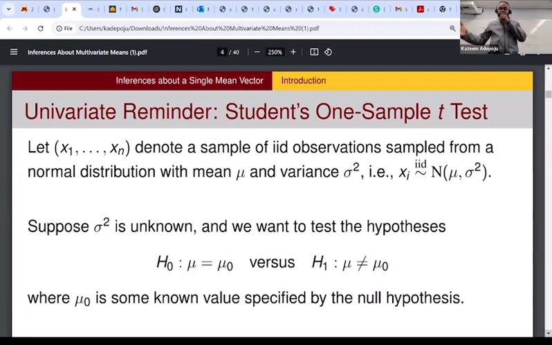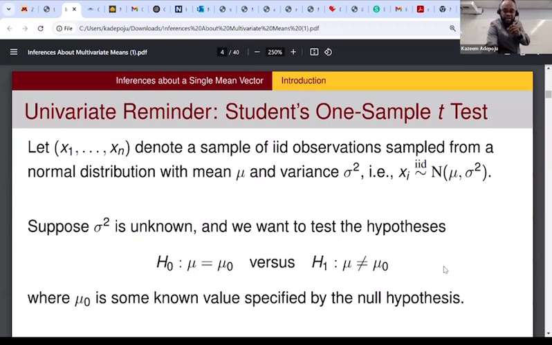If we have x1 up to xn from a normal distribution, we take a sample from that distribution, and it has to be normal.